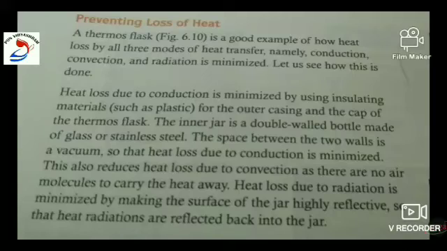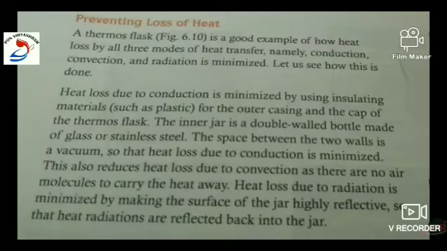So now let's see about the Thermos Flask. Here the three modes of heat transfer, conduction, convection and radiation, are minimized. Heat loss due to conduction is minimized by using insulating materials such as plastic for the outer casing and the cap of the Thermos Flask. The inner jar is a double-walled bottle made of glass or stainless steel.